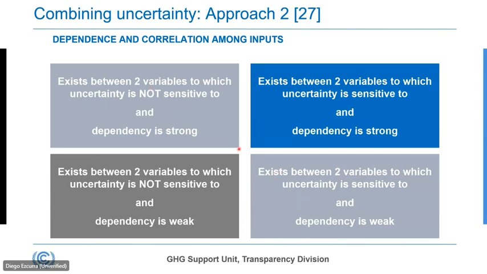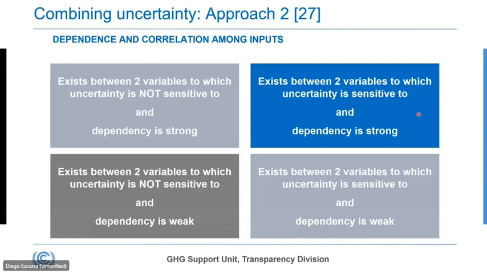For those cases, we don't have to worry much again, because either the dependency is weak or the importance of the variable is not too high. So the case where we should worry about when we are talking about correlation is the cases where the correlation is strong and the variables have an important impact into the results. So for those cases, we will try to address correlation.